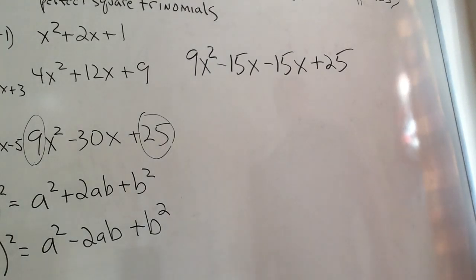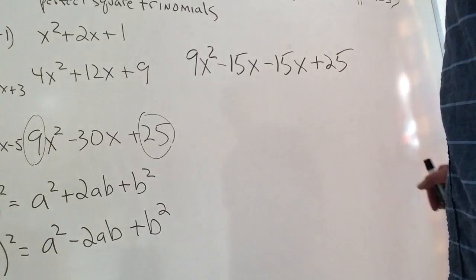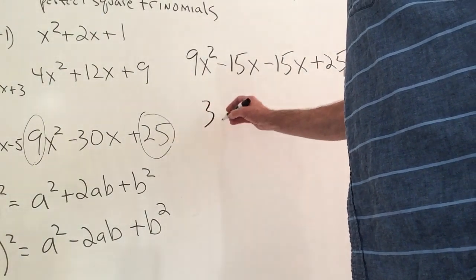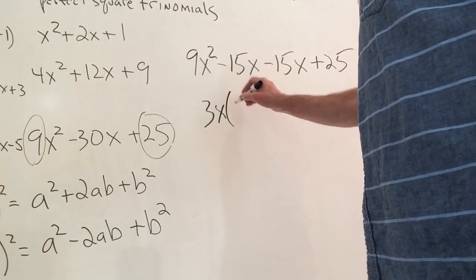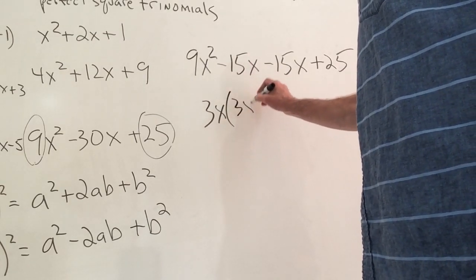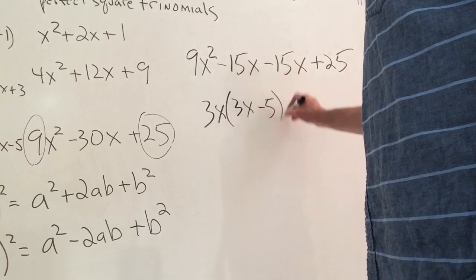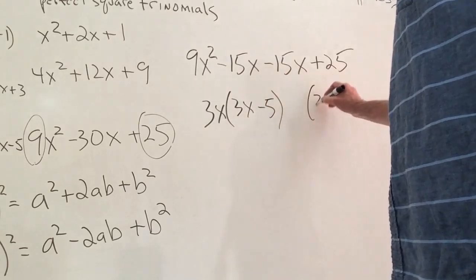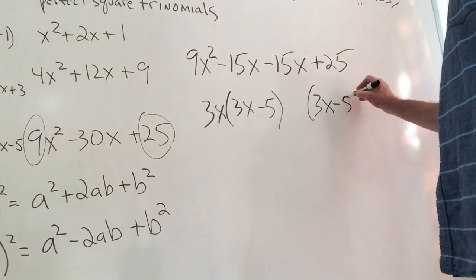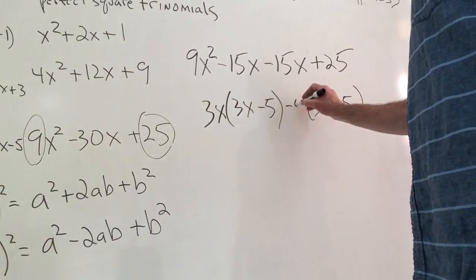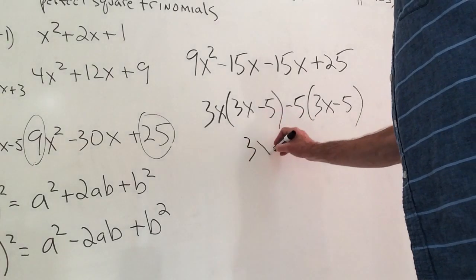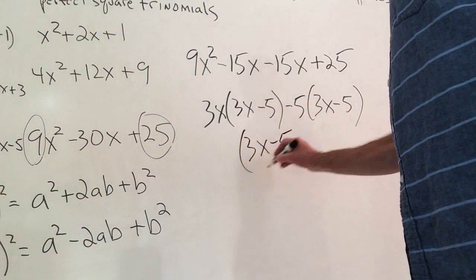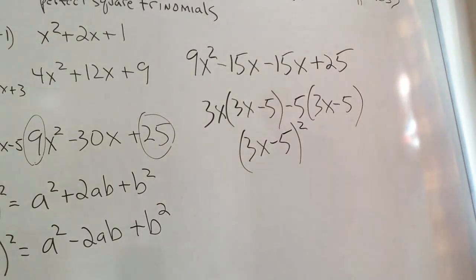Perfect squares multiplied by themselves end up being perfect squares, but we won't get into that right now. And there's the factor, there's 3, looks like that's the number that works. And it's a minus this time, so there's 3x minus 5. And when I write this out again, we can see that the math is working the way we want it to work. And there you go, factoring both ways.